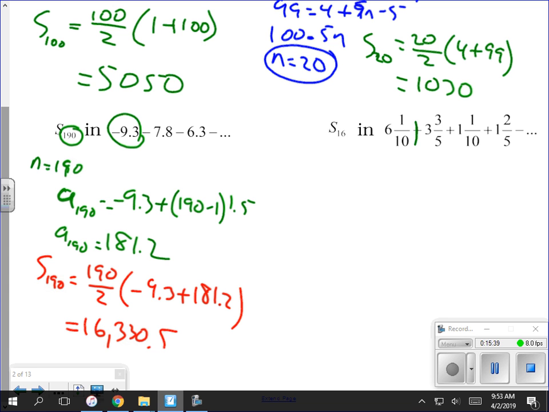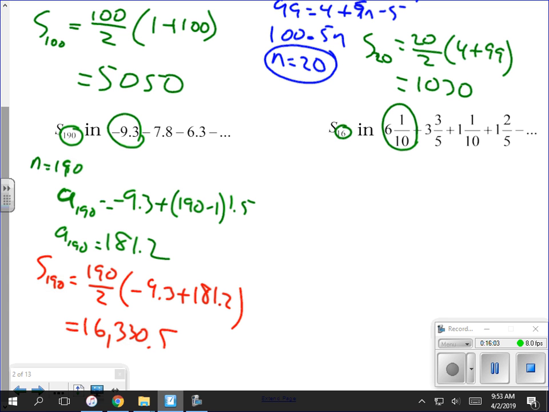This one, I know my first term. I know how many. I need to find my last. To find my last, I'm going to want to figure out d first. Now, I could make them all common denominators to do that, but my calculator will handle the mixed numbers. I'm doing the mixed number bit. It's just so much easier here.